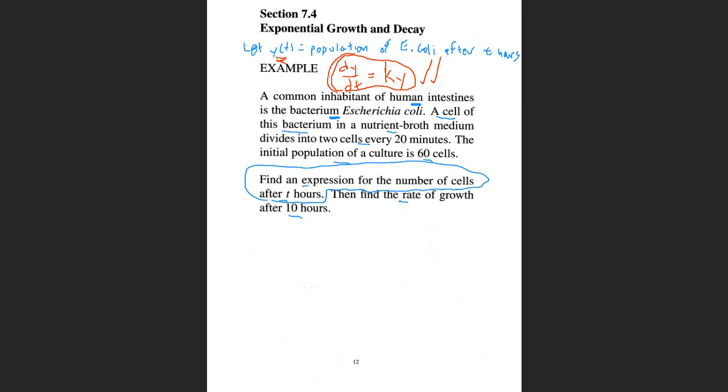So whenever you have exponential growth or exponential decay, the differential equation that models that is dy/dt equals k times y. If the rate of growth is proportional to the population, meaning if the population increases, the rate of growth really increases, right?